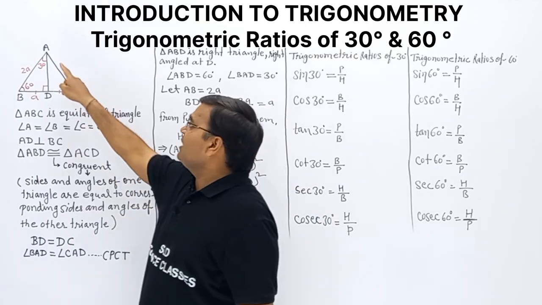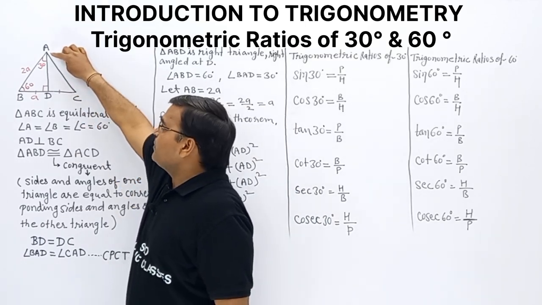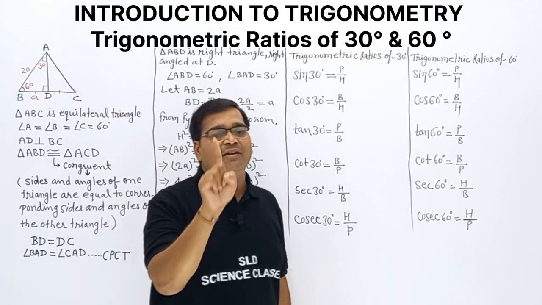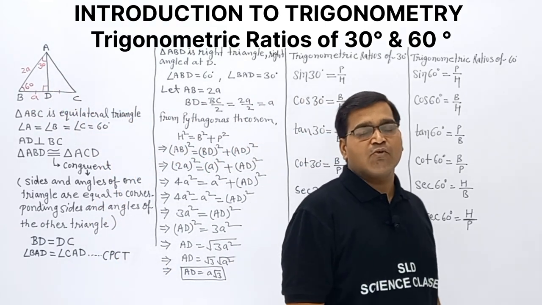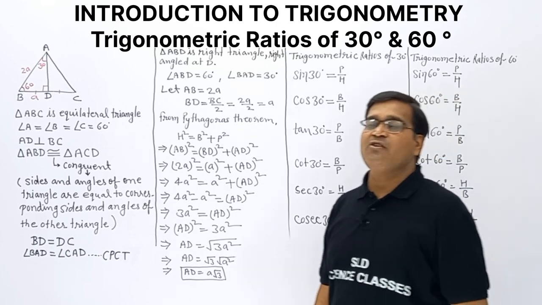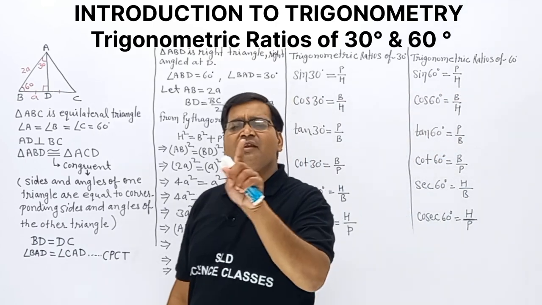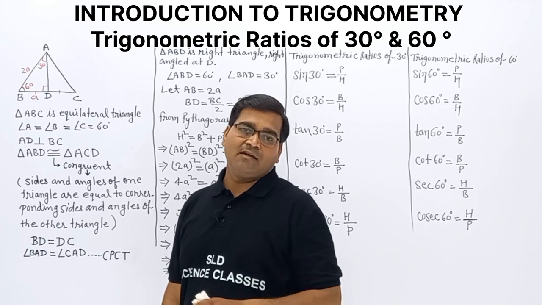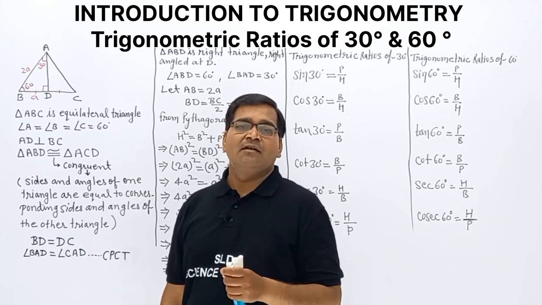Once we draw a perpendicular line on BC, we get 30 degree. So for finding trigonometry ratios of 30 degree or 60 degree, we require a right triangle. Are you getting it?